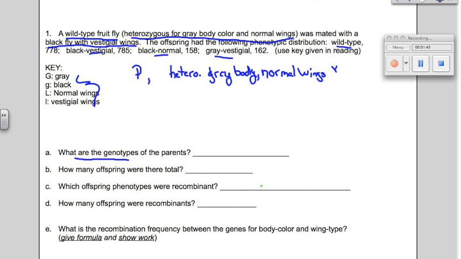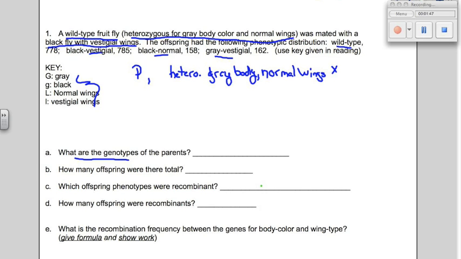And we're crossing that with a fly who has black body and the vestigial wings. Okay, these are the parental phenotypes, what they look like.